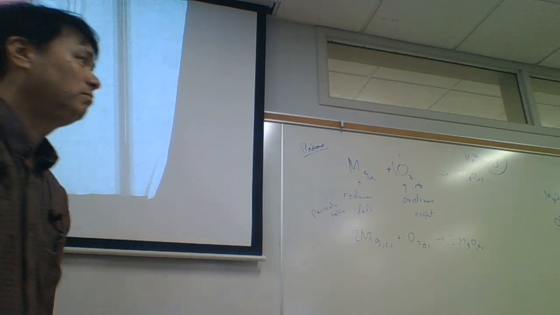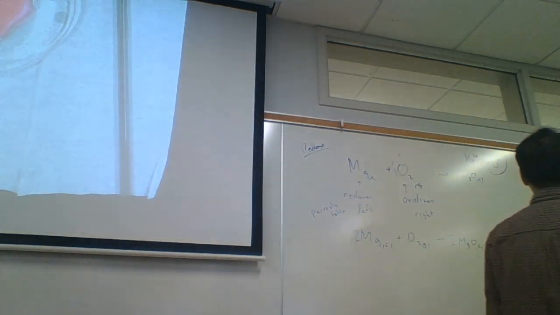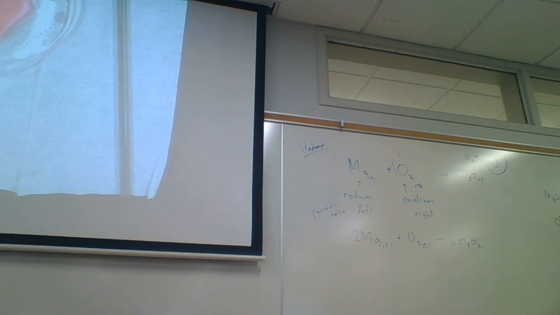All right, if we look at this combination reaction, we're combining two things to form one. We're combining magnesium oxide with water to form magnesium hydroxide. Does this reaction resemble the previous reaction at all? Not really, because the previous reaction is what we call a redox reaction. This reaction is an acid-base reaction.